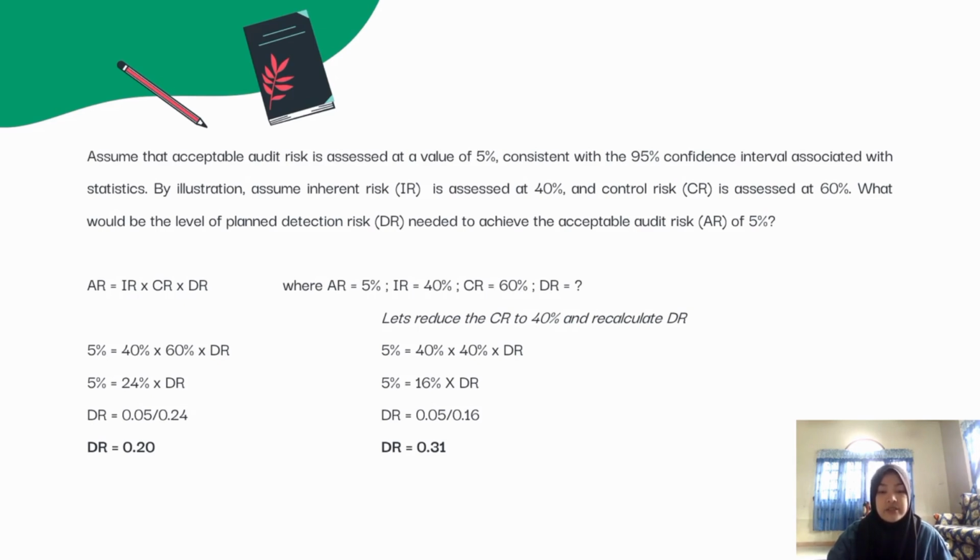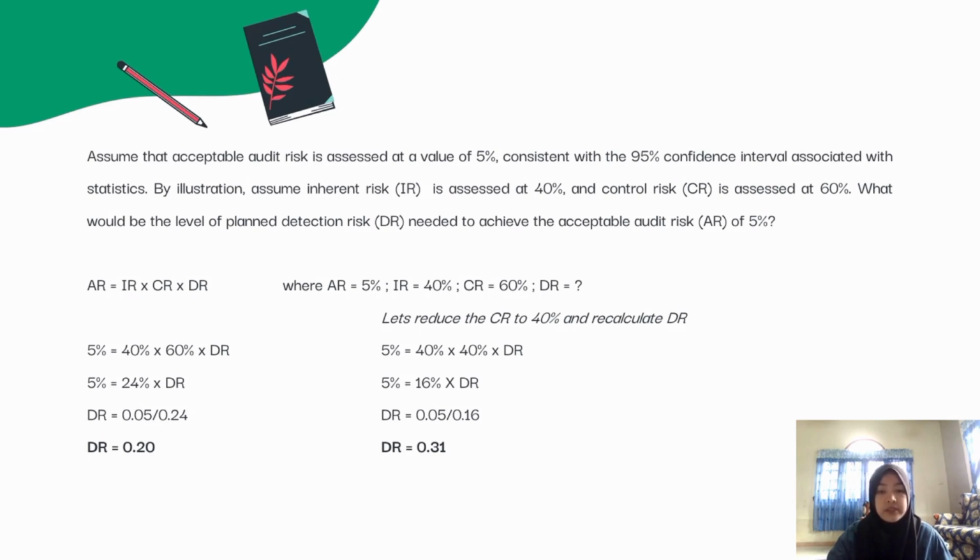Then let's reduce the control risk to 40% and recalculate detection risk. So substitute, then we have a detection risk of 31%. So in order to achieve an acceptable level of audit risk, in the first example the auditor must set planned detection risk lower, which is 20%, than in the second example, which is 31%.